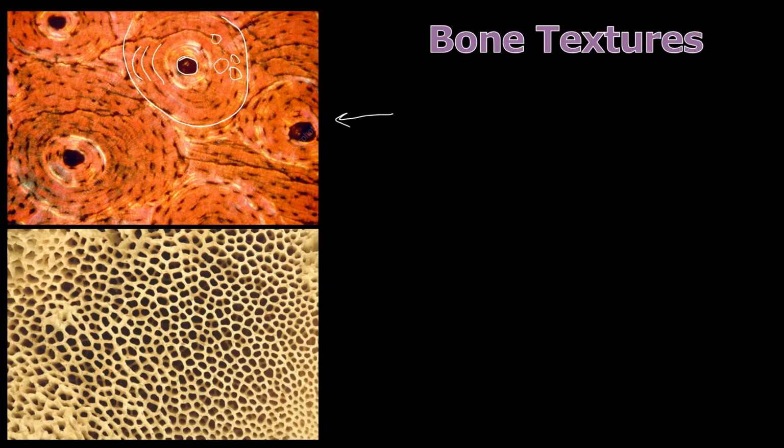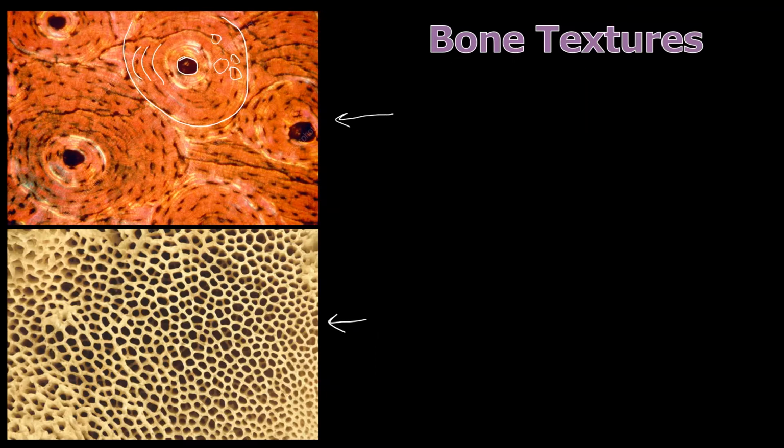And we're right, but that's not the only type of bone texturally, structurally, that we find in the human body. The one underneath it looks quite different, right? I don't see those circular patterns. It looks more like a honeycomb to me. Whatever it looks like to you is fine, but a spider web or a honeycomb, much, much different.